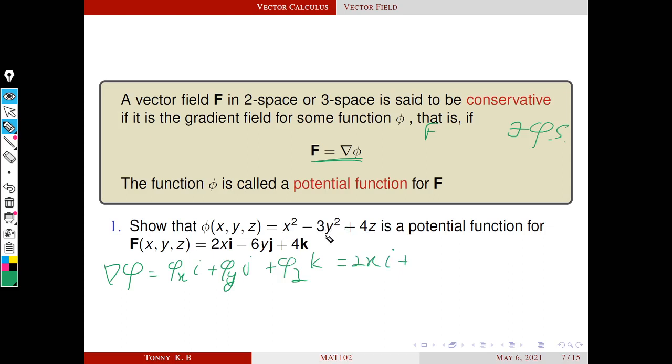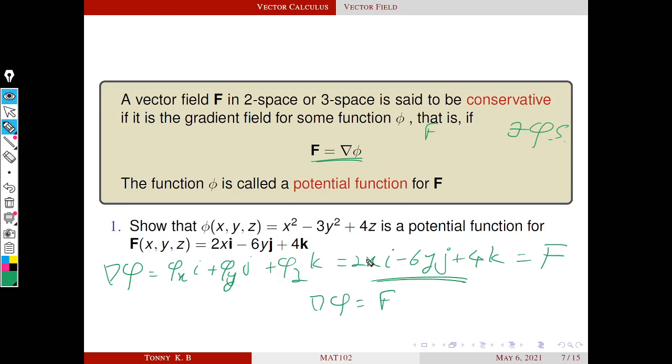That is minus 6y j, and the last one is phi z, the derivative of phi with respect to z, that is 4. So plus 4k. So this is exactly our capital F. So del phi equal to F for this function.